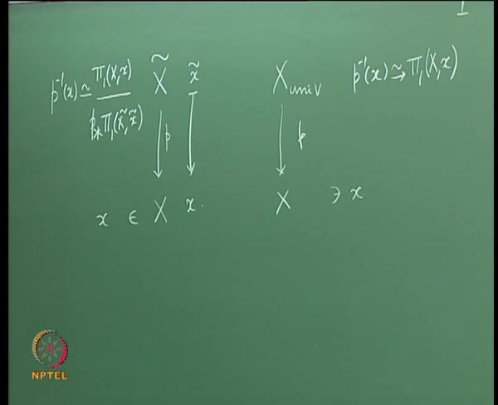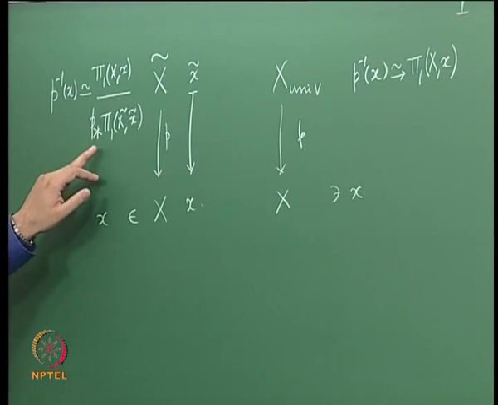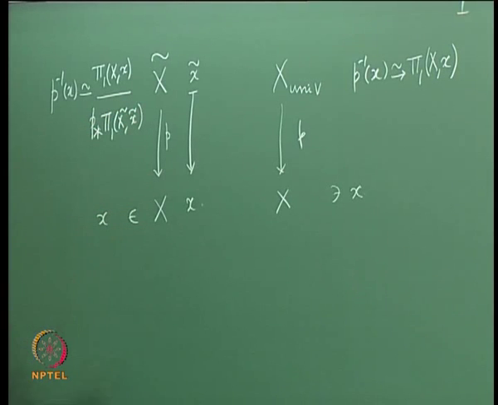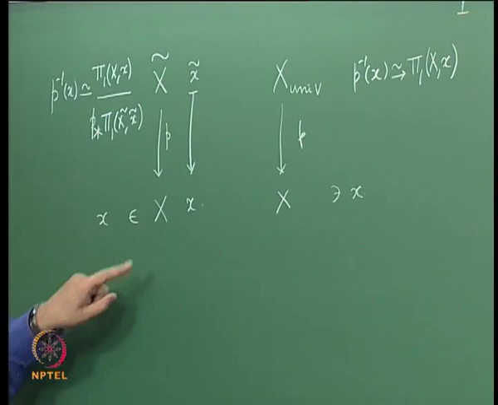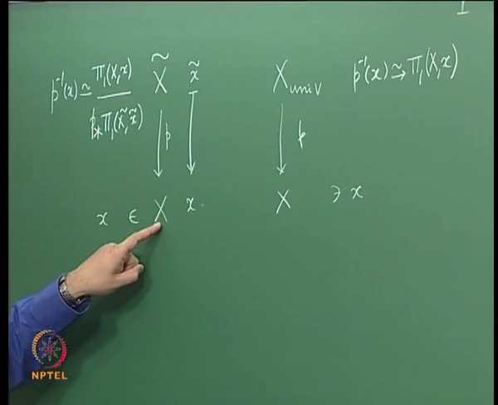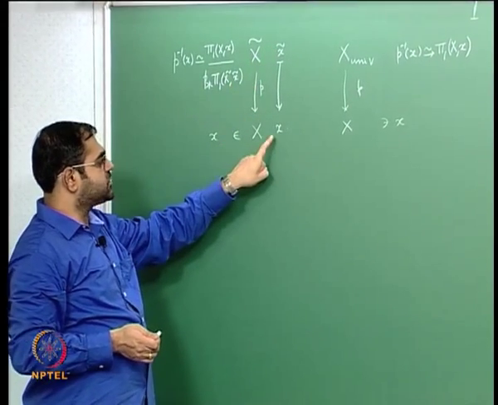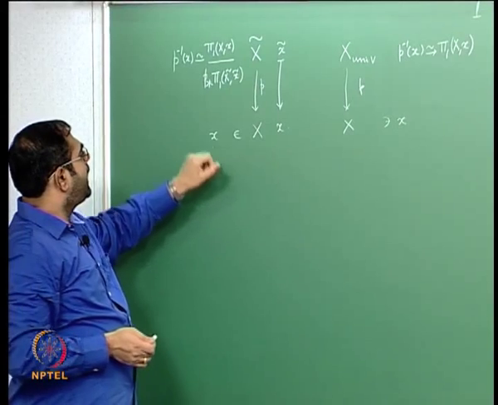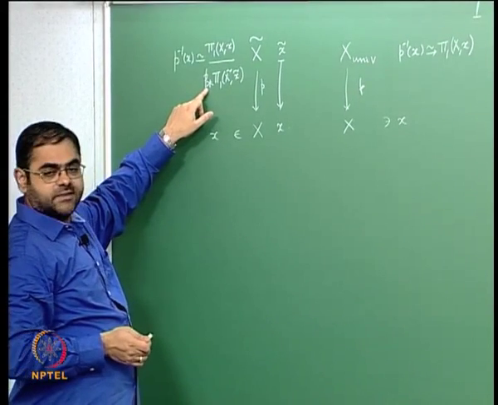Each fiber looked like this coset space, and P lower star was the group homomorphism from the fundamental group above to the fundamental group below, fixing a base point above which goes to a base point below. P lower star was an injective homomorphism.